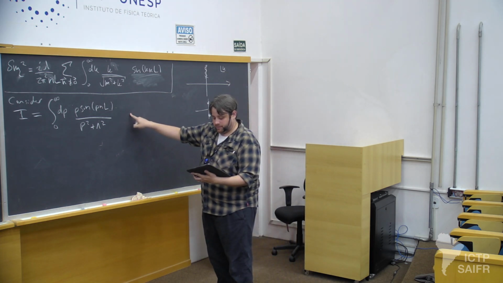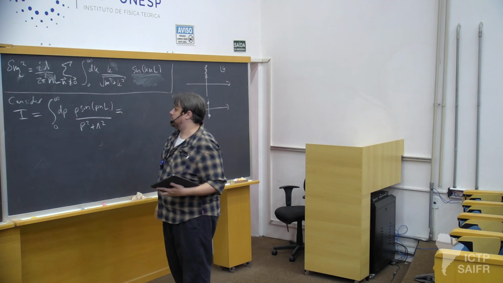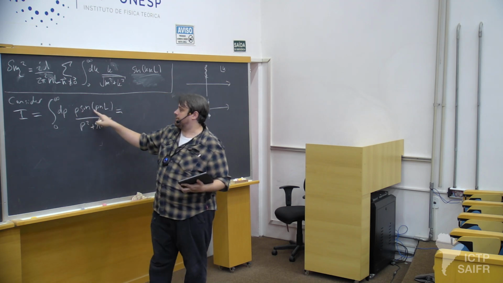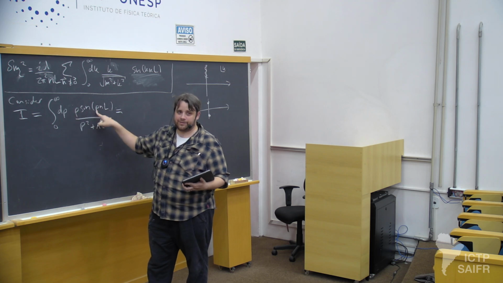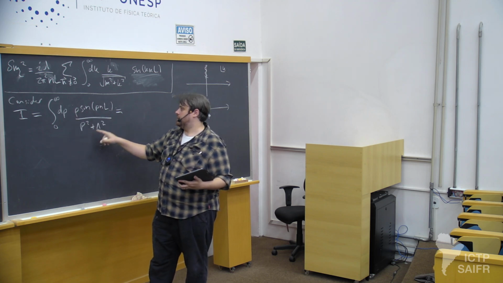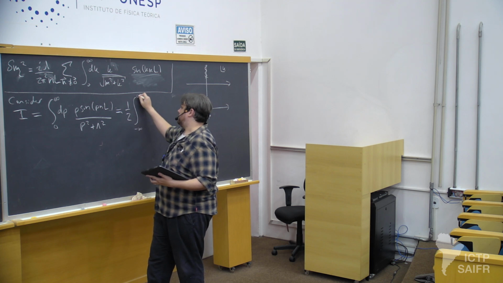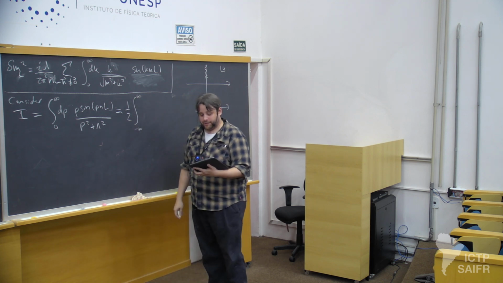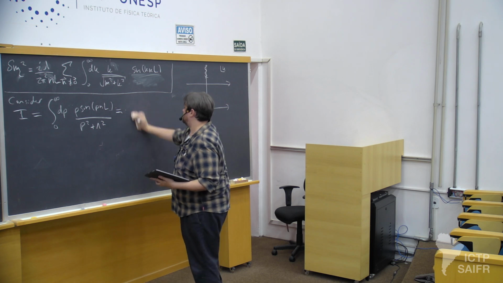So this here, I'm going to do two things. One, notice that the integrand is even under p: sine is odd, p is odd, so together this thing's even, and this thing's even. So I'm going to write 1/2 the integral from minus infinity to infinity.